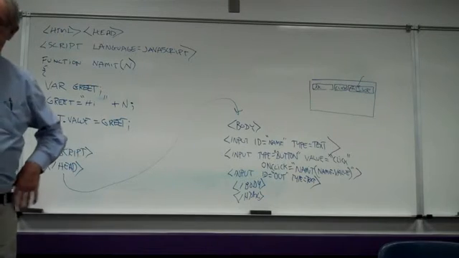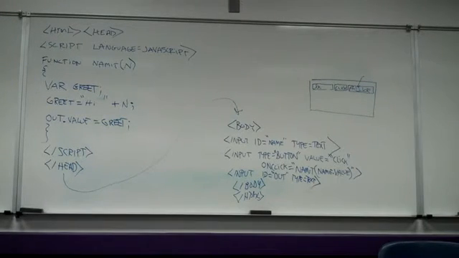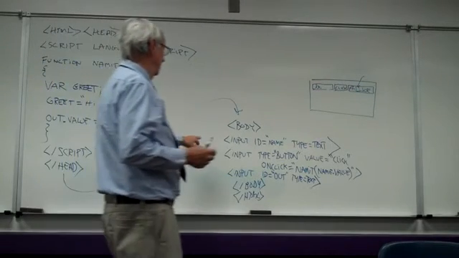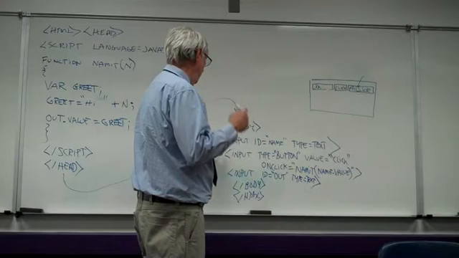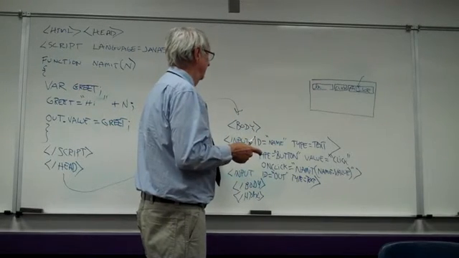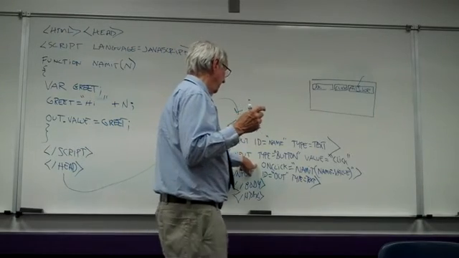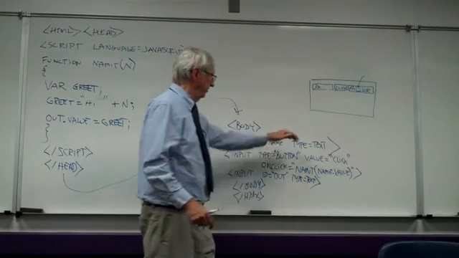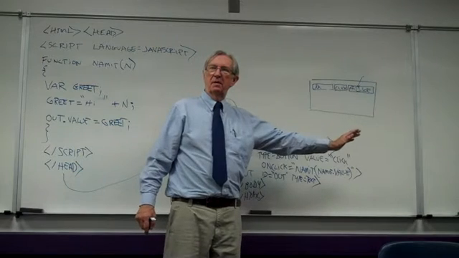Let me see if anything's wrong here. Okay, function name it, variable greet, that's fine. Greet equals hi plus n, out value equals greet, perfectly good, slash script, all done. Over here it says ID is name, okay, so it's a button, value is click. It does say click on your button, right? Then onclick. Did you type return here, or did you just keep going?